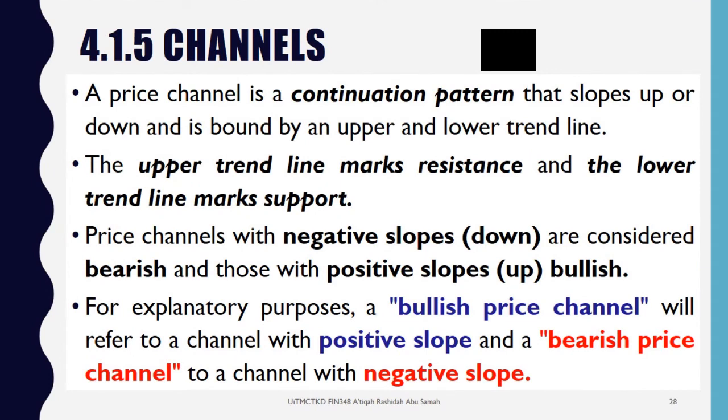Channels. A price channel is a continuation pattern that slopes up or down and is bound by an upper and lower trend line. A bullish price channel refers to a channel with a positive slope, while a negative slope is called a bearish price channel.